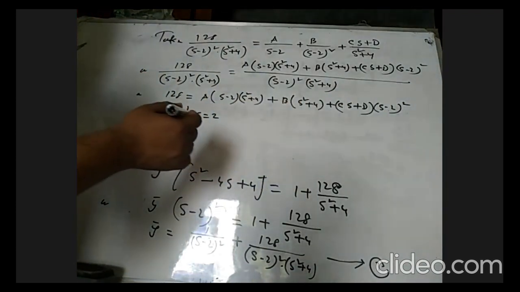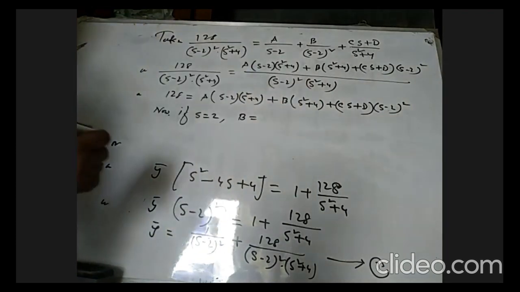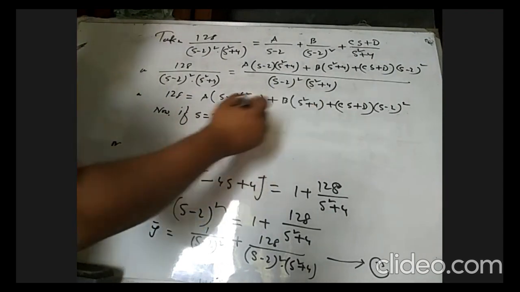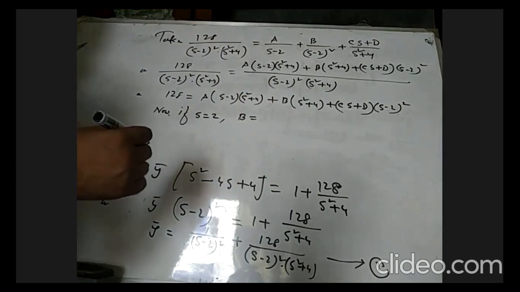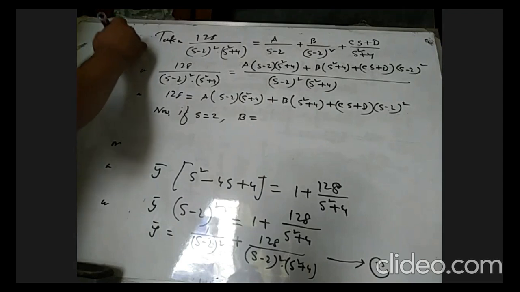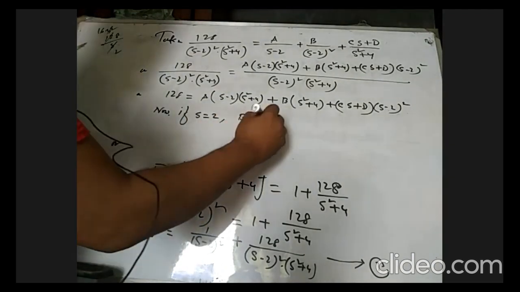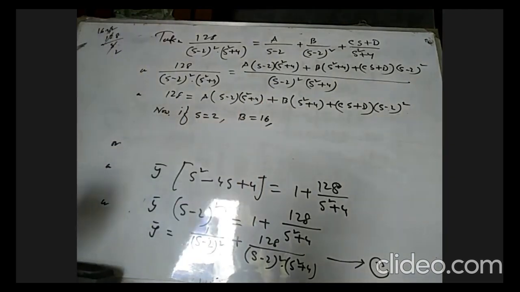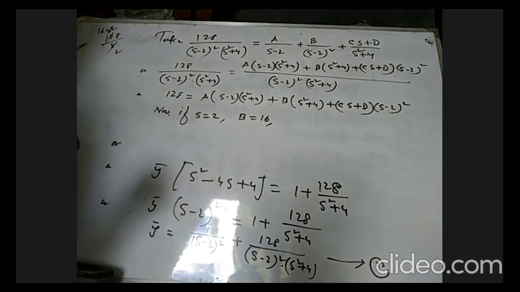For s equals 2, we get b from this relation: 2 square, and this will be 8b. 128 divided by 8, what will be? 16. So b equals 16. We can get easily b equals 16.